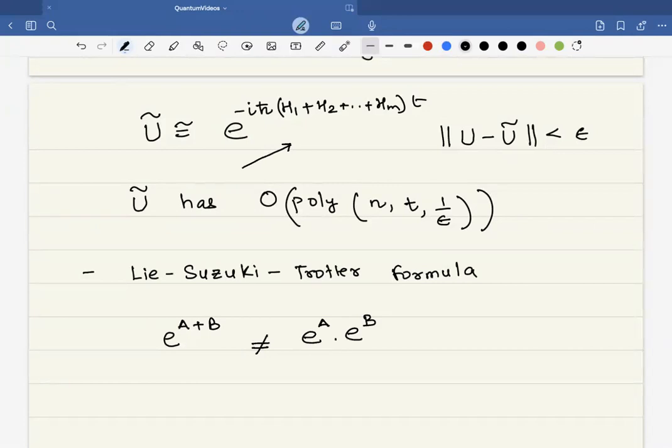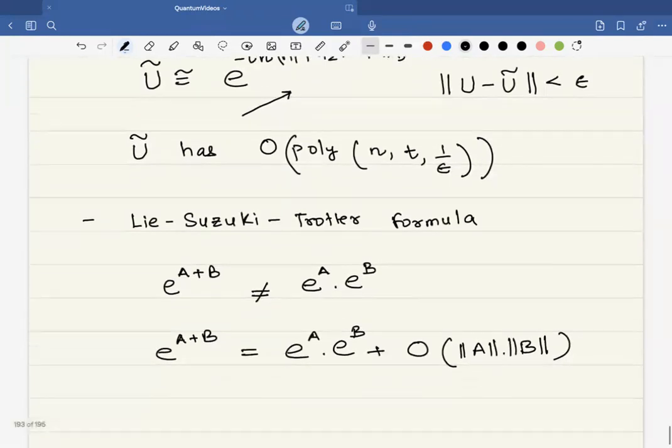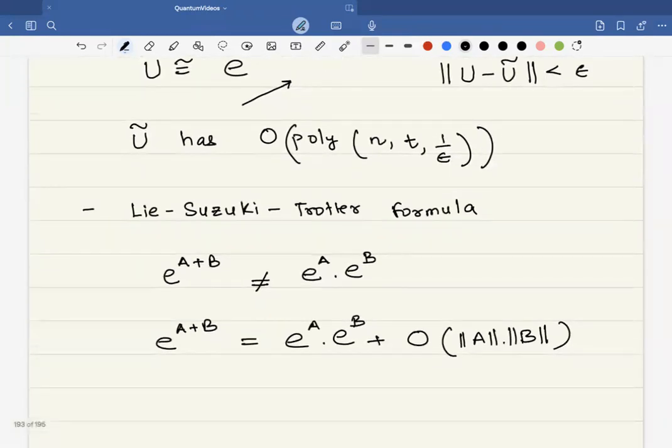But the Lie-Trotter formula says that e to the A plus B is equal to e to the A times e to the B plus some error, which is of order of norm of A times norm of B. So this is the first order approximation of the Lie-Trotter formula, right?